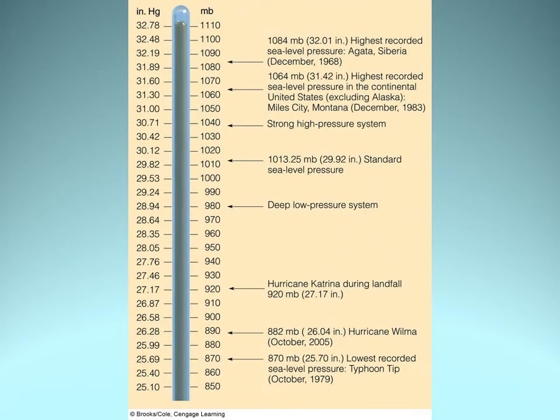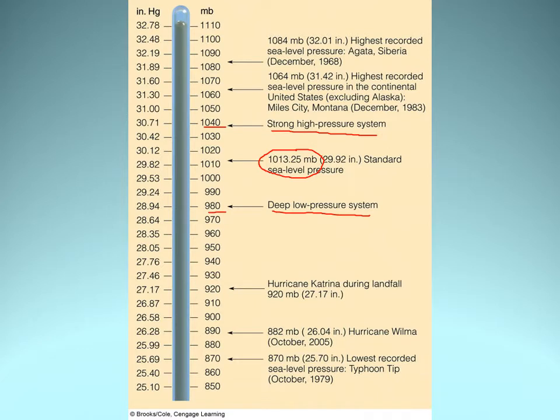So if we take a look at various pressure readings across the surface, now remember, 1013.25 millibars, or if you want to use inches of mercury, it's 29.92. That's just average. A strong high pressure system can be up to 1040, and a deep low pressure system can be as low as 980.